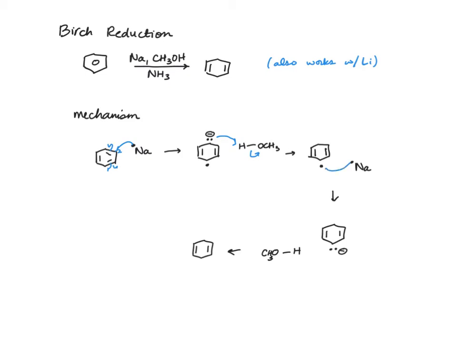This radical is further reduced to yield another anion, and that is protonated by methanol to give us cyclohexadiene.